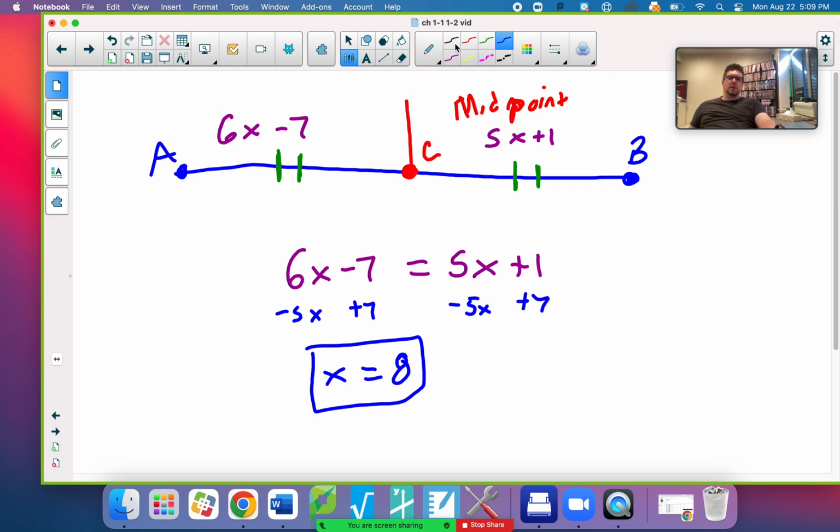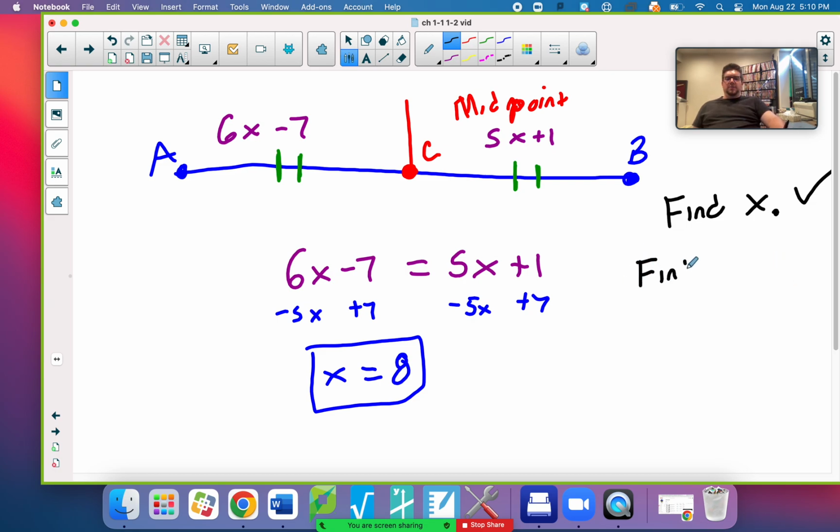Now here's something you've got to be very careful on for tests, quizzes, homeworks, what have you. Make sure that you answer the question. I didn't really ask a question on this one because we're just going through our notes, but let's say the question was to find x. If it was to find x, we found the value of x, we would be done.